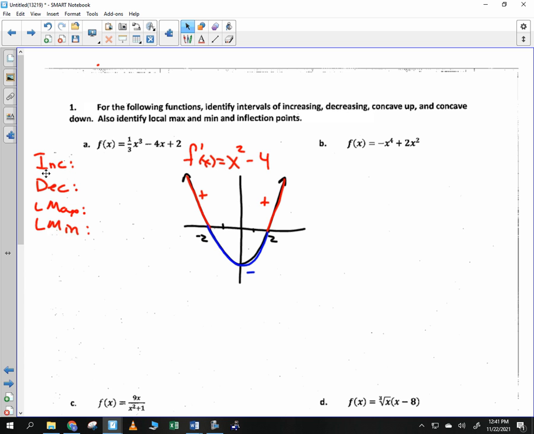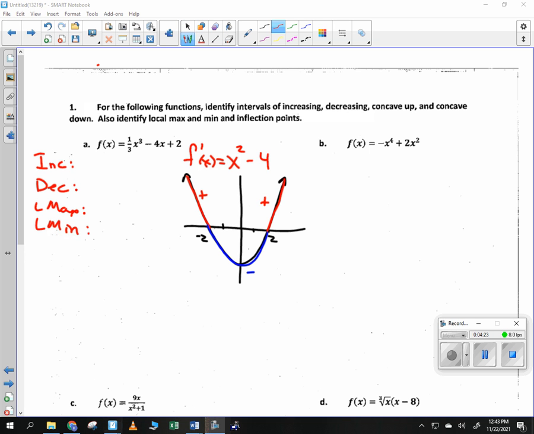All right. So the definition is the function is increasing when f prime is positive. When is f prime positive? When is the function decreasing?